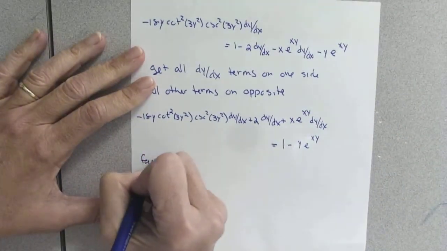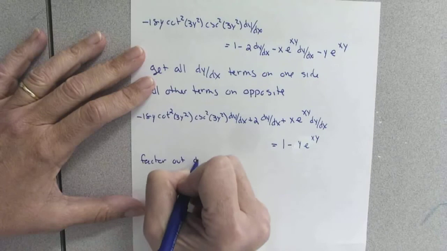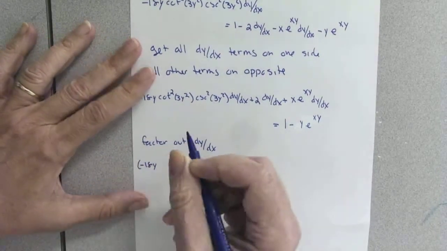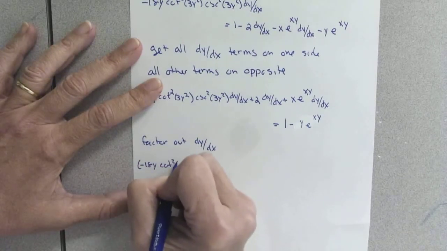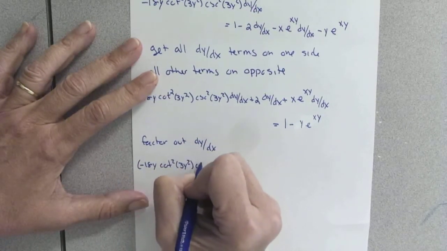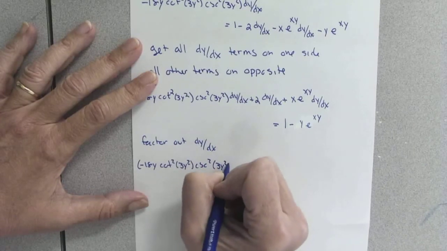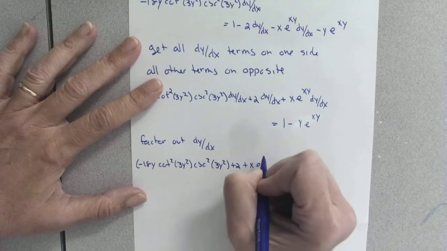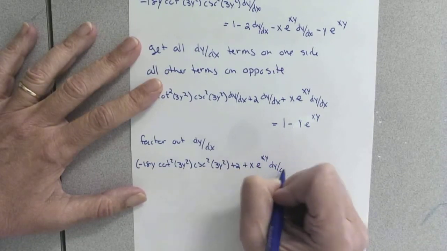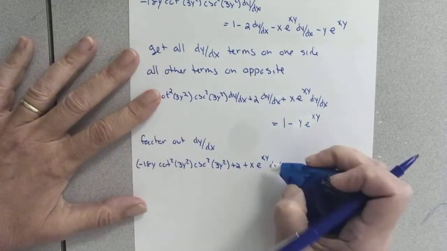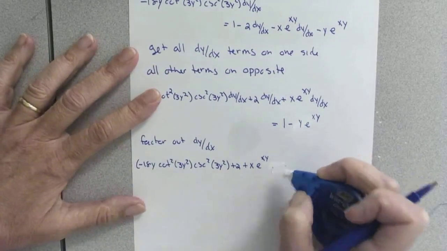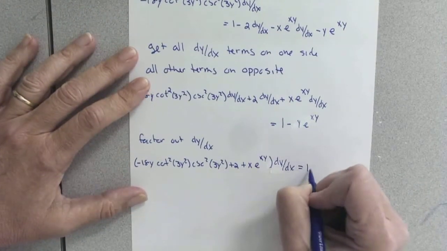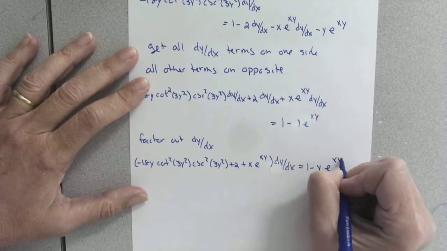Factor out a dy dx. And so I'm going to have negative 18y cotangent squared 3y squared cosecant squared 3y squared plus 2 plus x e to the xy, dy dx equals 1 minus y e to the xy.